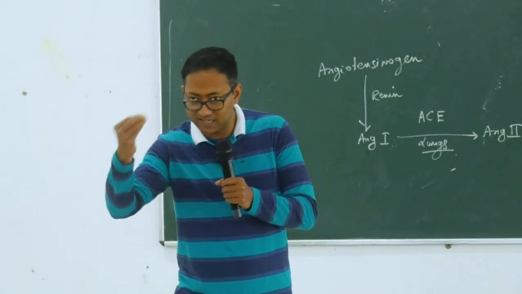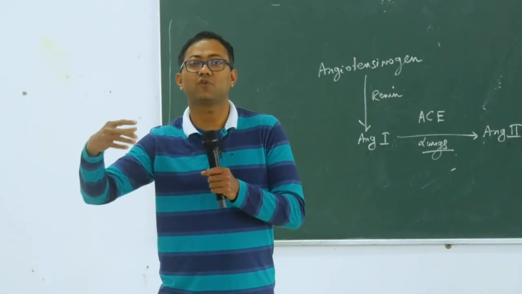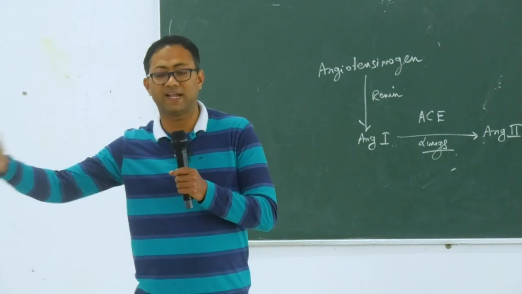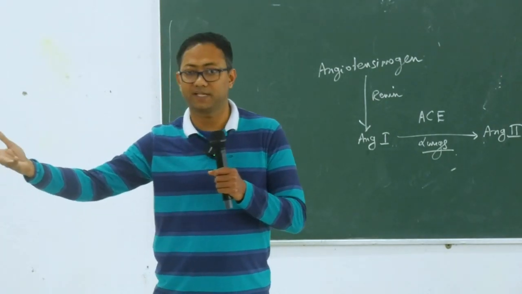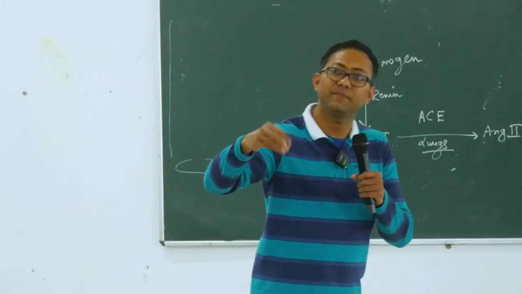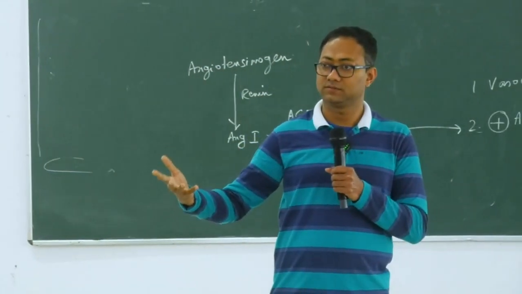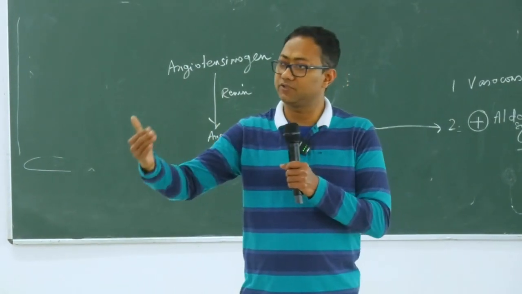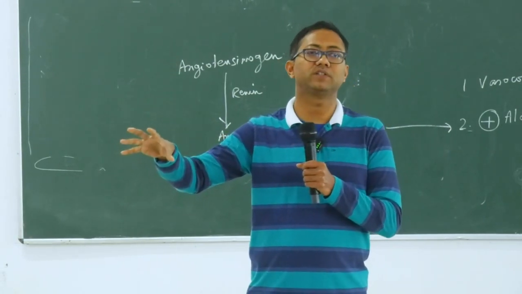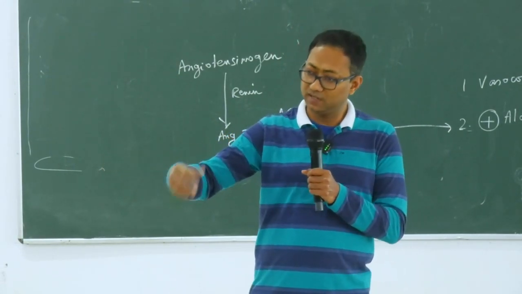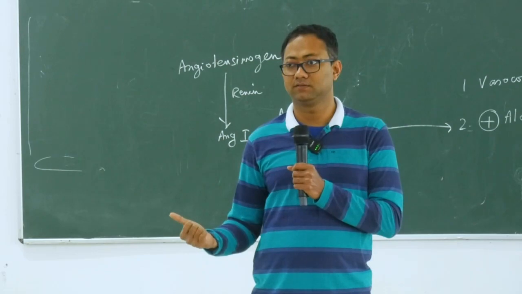The name suggests natriuretic. It causes natriuresis, natrium, sodium, right? So it will cause sodium excretion. Okay, so again atrial natriuretic peptide, it will work on the collecting duct and it will release sodium in urine. Why?